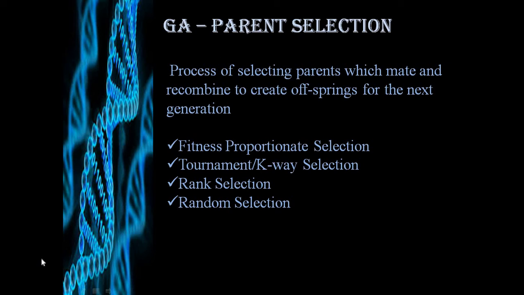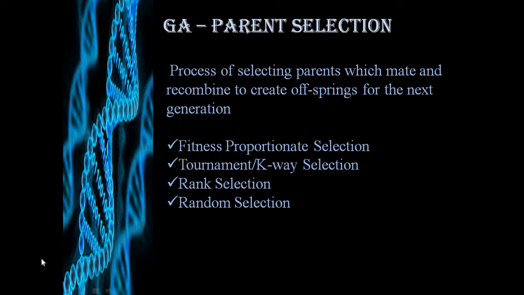And next is the tournament or K-way tournament selection. Here we select K individuals from the population at random and select the best out of these to become a parent. And the same process is repeated for selecting the next parent.